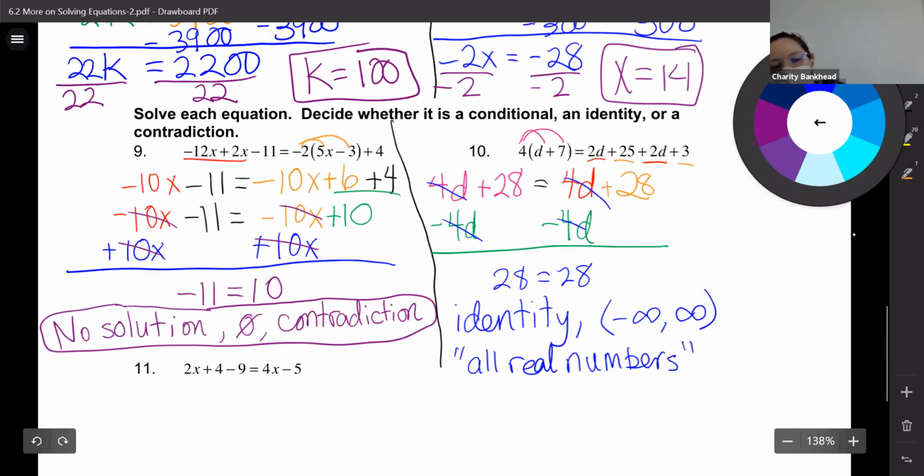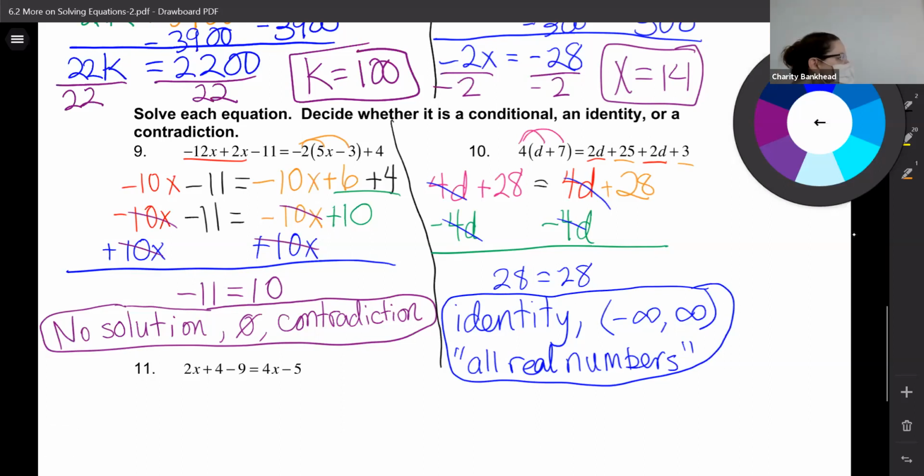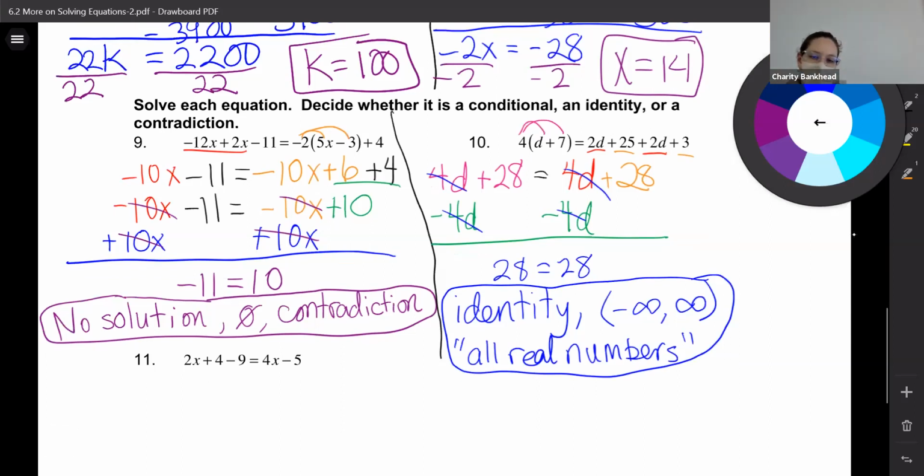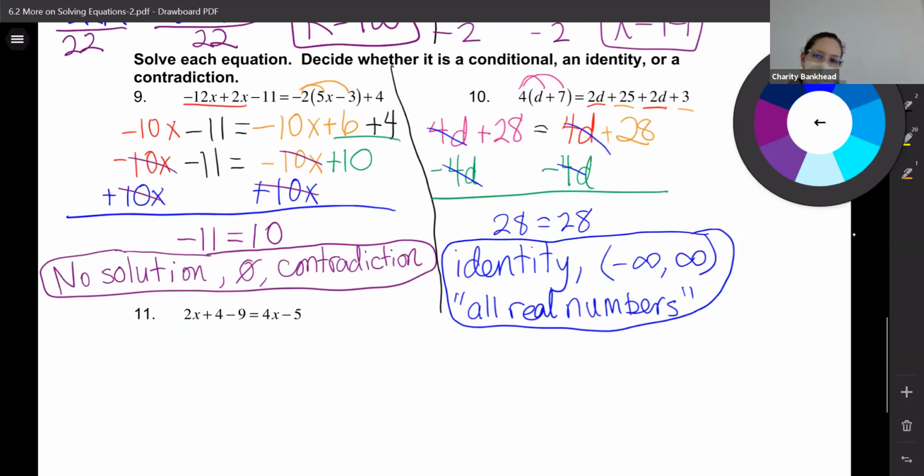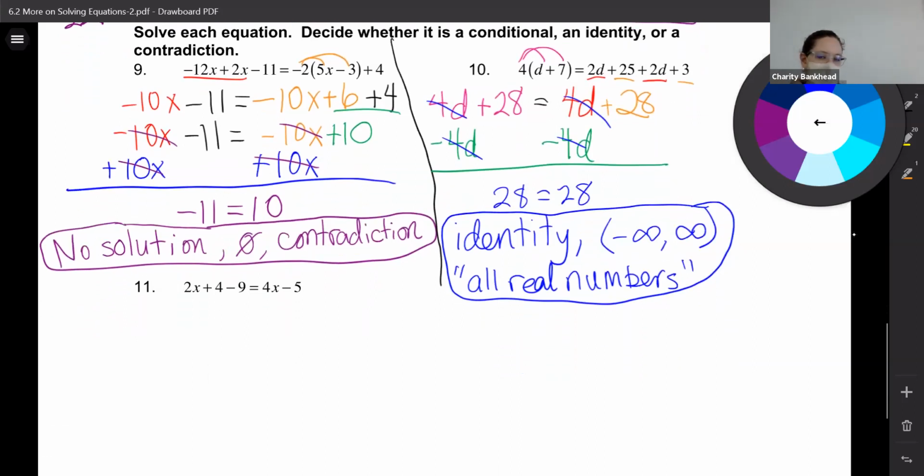So no matter what value you plug in for that variable, the equation is still true. So the solution set is the entire set of real numbers.